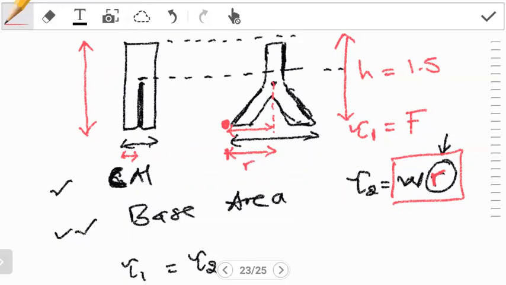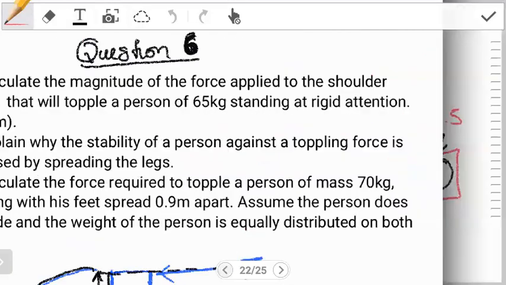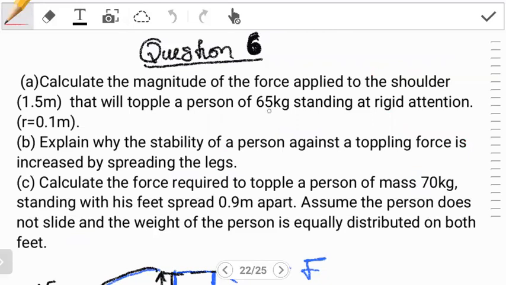So if the 1.5 is maintained, as in the first case, the only thing that has changed is the force. Of course, the one difference between this question and what we had at first is that in the first case, we used 65 as the mass.